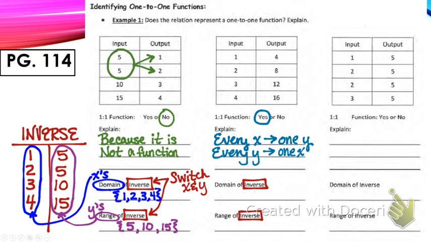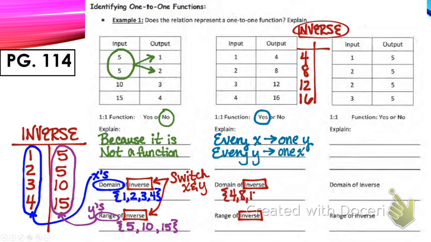So I'm going to make the table for the inverse so that I can actually see it. 4, 8, 12, 16 would be my new x's, my new inputs. What about the outputs for the inverse? 1, 2, 3, and 4.